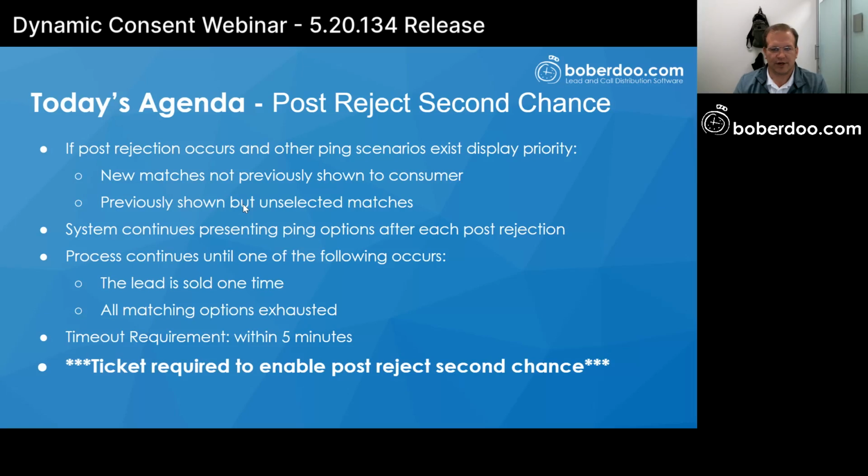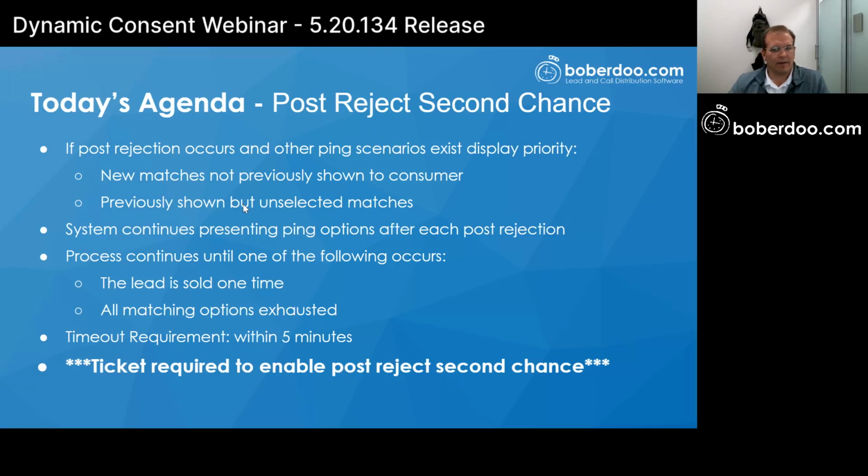In the case of shared environments, previously shown matches that were not selected by the consumer are then also served up to the consumer secondarily. The system will continue presenting options after each post reject in a continuous fashion to the consumer until either a lead sells one time currently or all options are exhausted.